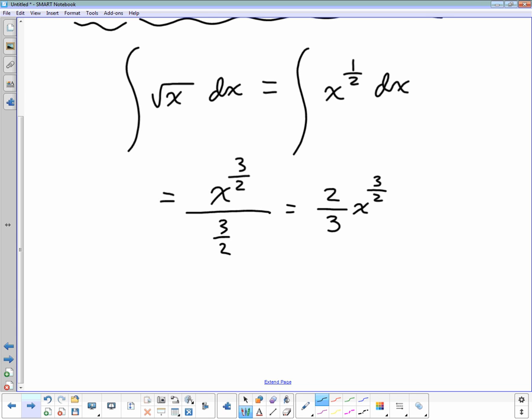So it is going backwards, right? And you can always check your work by taking a derivative, either on paper or mentally.